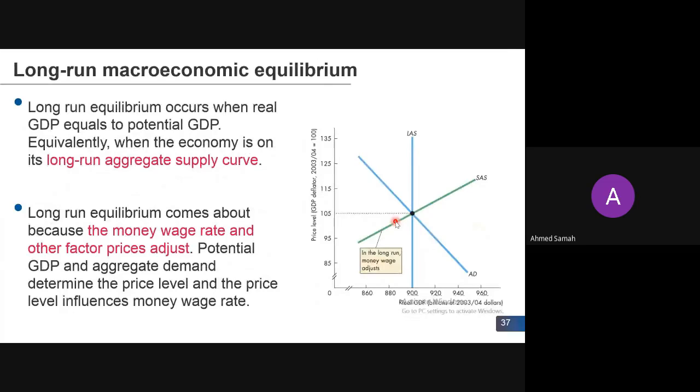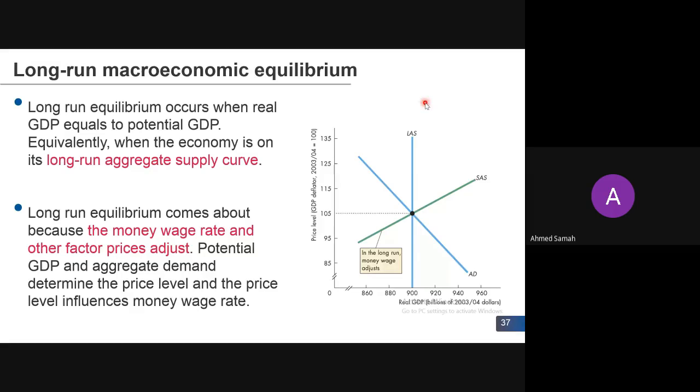So the long run equilibrium occurs when real GDP equals potential GDP. So that is the long run macro equilibrium. Equivalently, when the economy is on its long run aggregate supply curve. As I have explained in the previous slides, the long run aggregate supply curve is the potential GDP level.